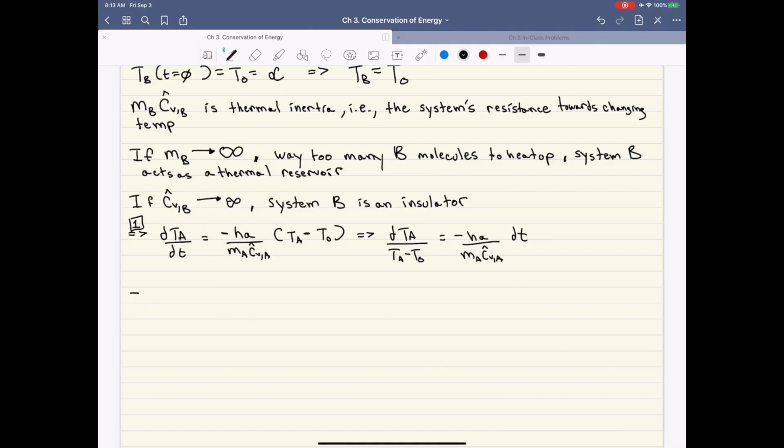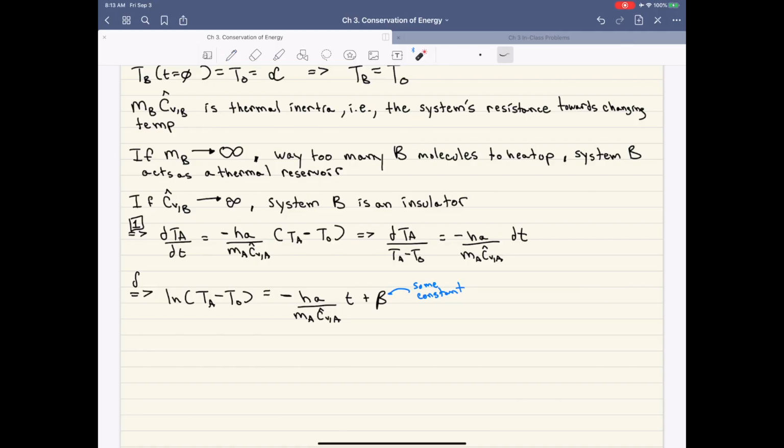And we could integrate this indefinitely. And then time is here. And then we also have another integration constant, since we integrated this indefinitely.